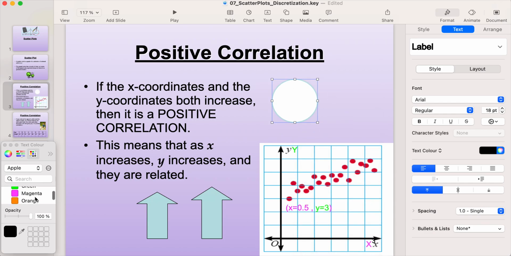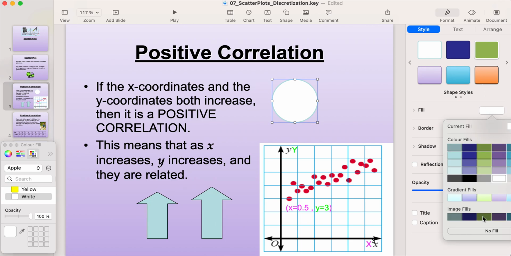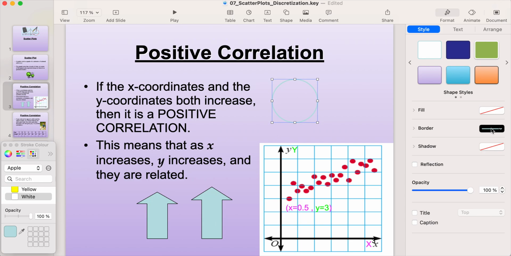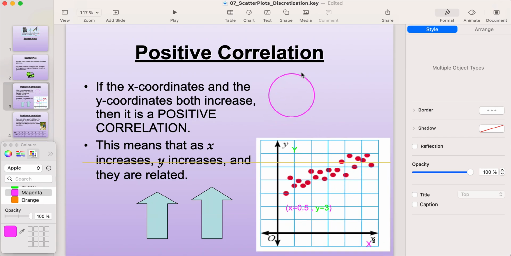Let me see here. So this right here is for the first point.